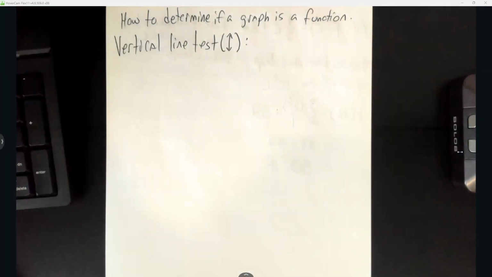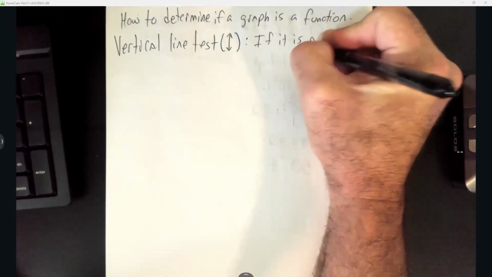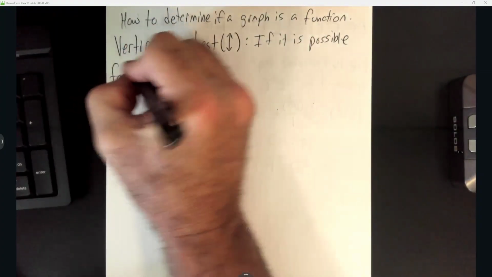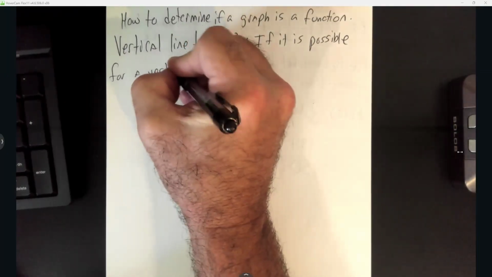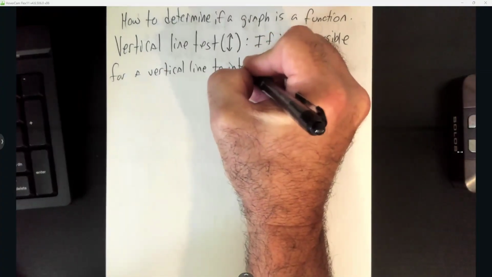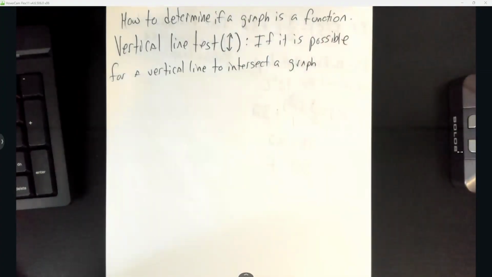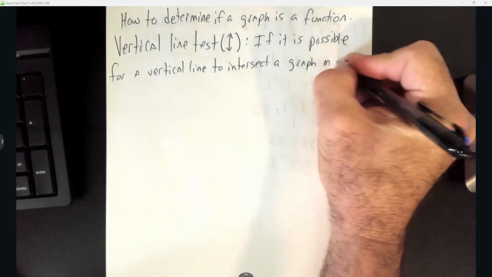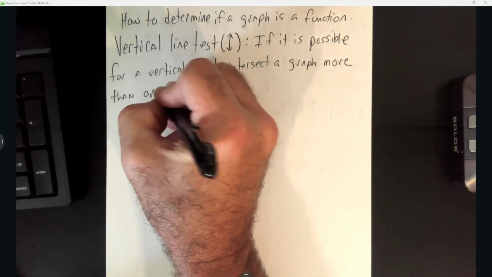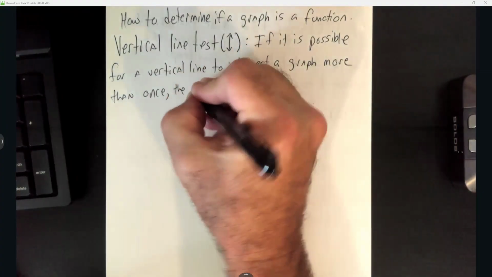So this vertical line test tells me if it is possible for a vertical line to intersect a graph more than once, the graph is not a function.